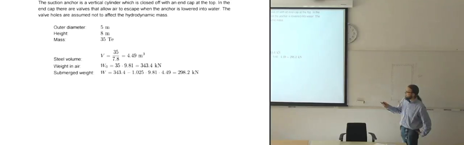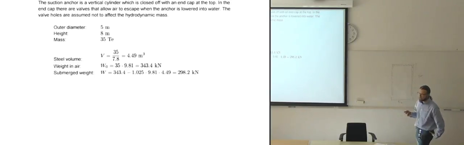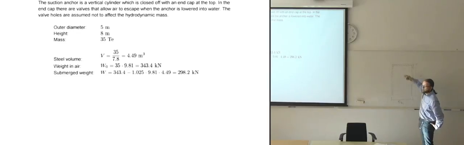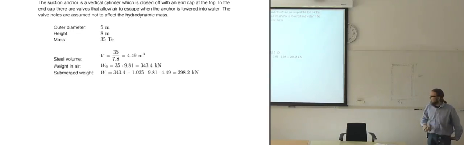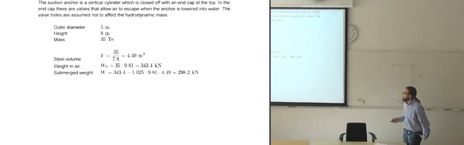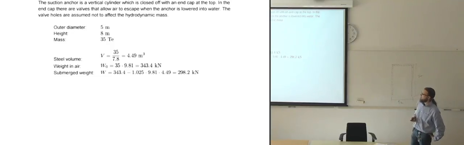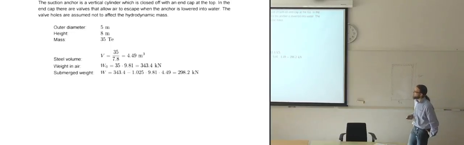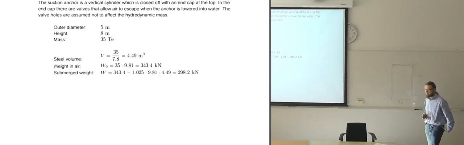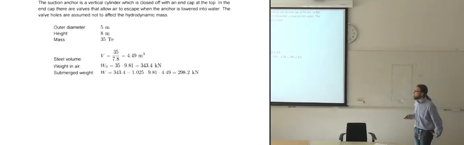And we, of course, need this volume in order to be able to calculate the submerged weight once we've managed to fill it up completely with water and then lower it down. So you can see we have roughly 45 kilonewtons in buoyancy here. So the weight isn't much affected by the buoyancy compared to the total weight.